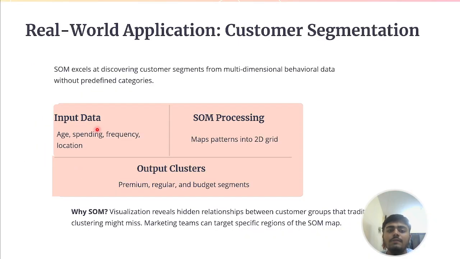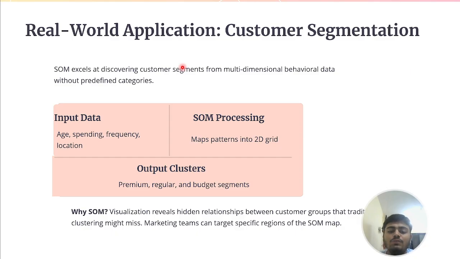After that, let us see a real world application. A real world application of the self-organizing map is customer segmentation in marketing. Let us say we have data of customers such as their age, spending amount, shopping frequency and location. Some processing is done on this data and it maps it into a 2D grid.